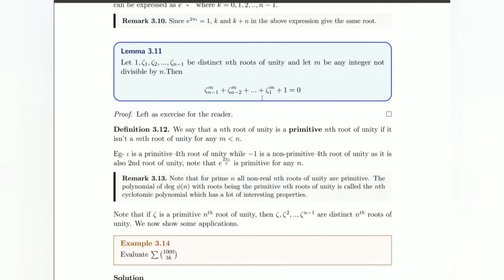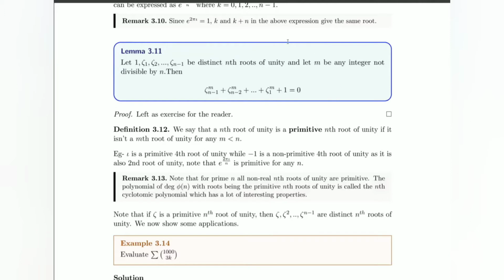Then the sum ζ(n-1)^m + ζ(n-2)^m + ... + ζ1^m + 1 is always 0. The proof is left as an exercise. And note that if m is divisible by n, then all of them become 1, and the sum is n.